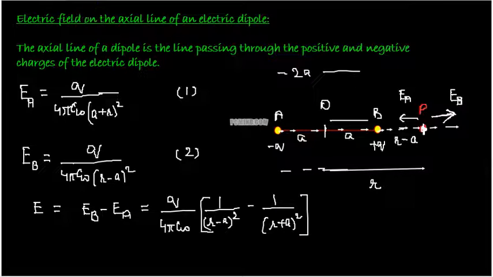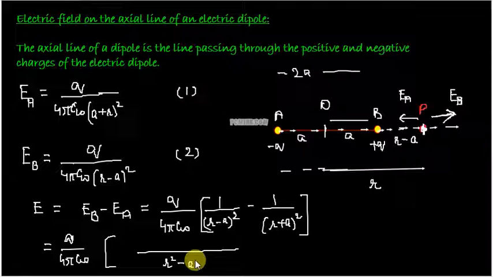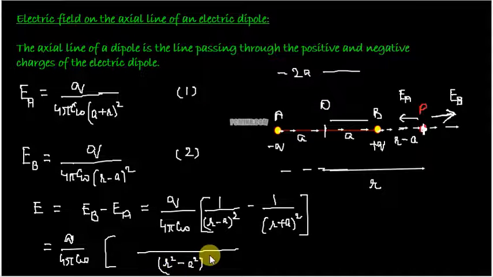So when we substitute the values of EA and EB, Q upon 4 pi epsilon naught is taken out common, and we have 1 upon (r minus a) whole square minus 1 upon (r plus a) whole square. The LCM is the product of the two, and (r minus a) into (r plus a) is r square minus a square, so I have (r square minus a square) whole square as the LCM.